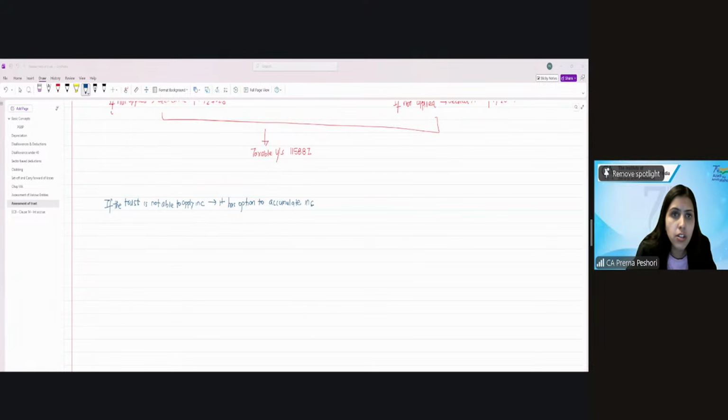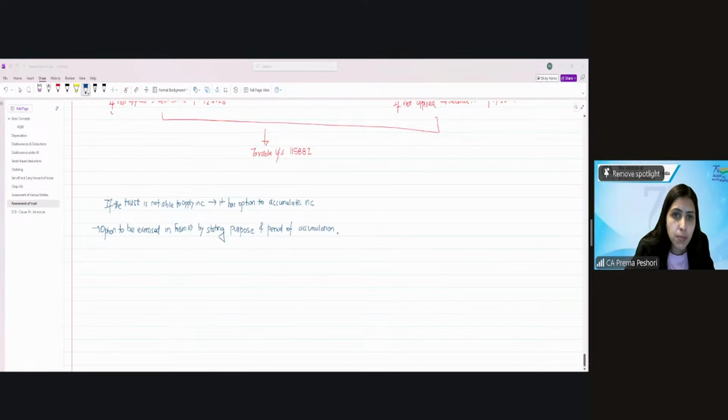So the condition here is, first, the option to be exercised in Form 10 by stating the purpose and period of accumulation.